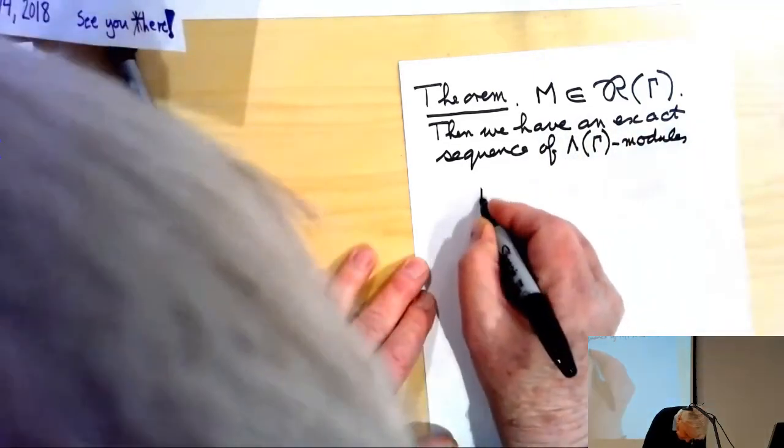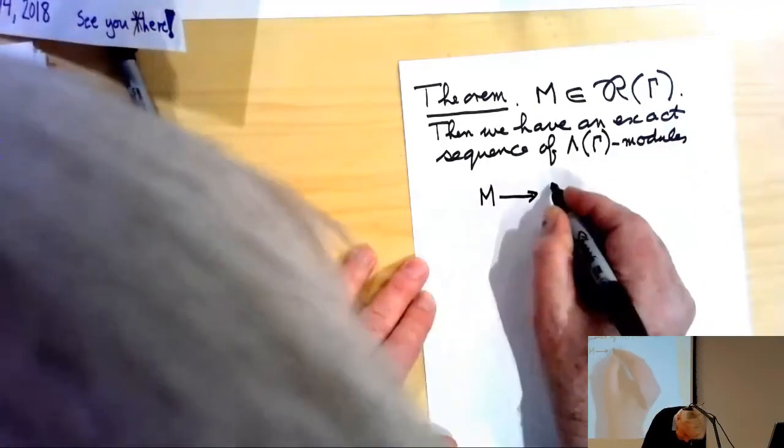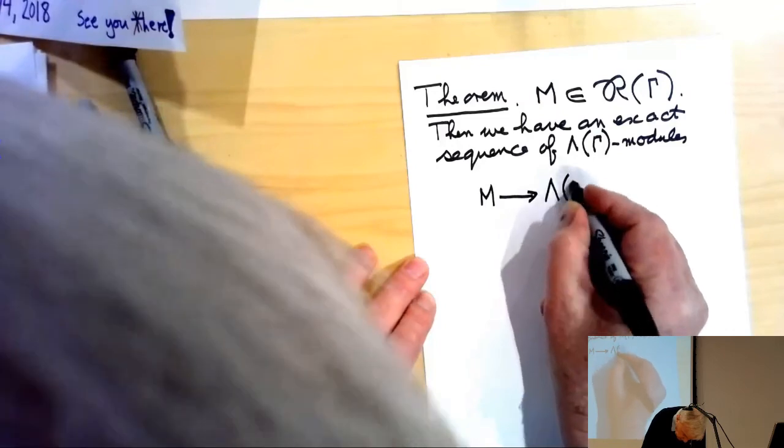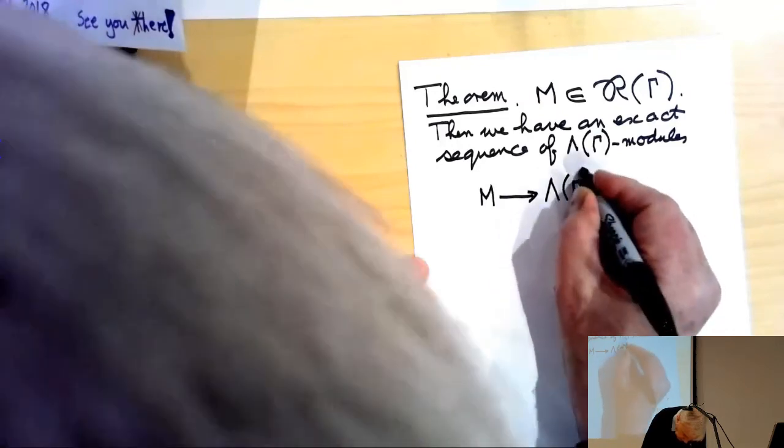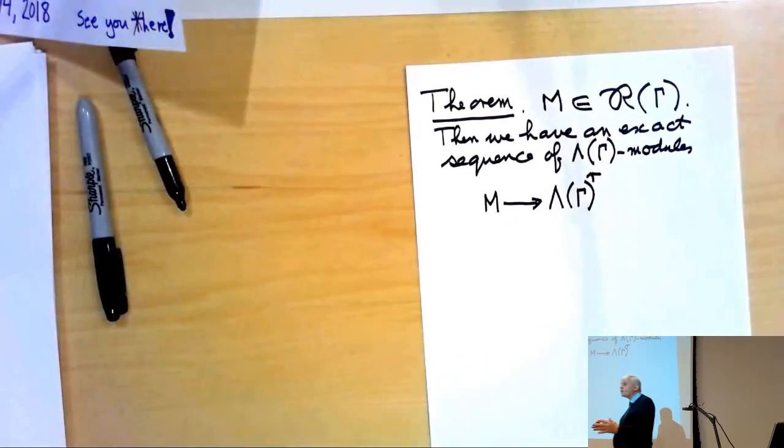So we have M here, and then we have a homomorphism now to what we would have if lambda gamma was a principal ideal domain.